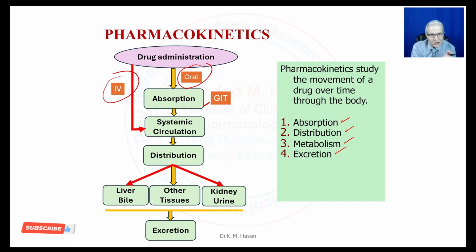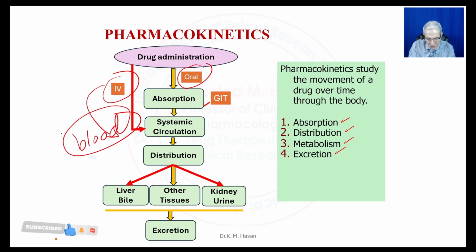The total medication will arrive to the systemic circulation, to the blood. The complete medication will arrive to the blood here. So you can see here that we don't have absorption. So when you prescribe medication IV, we exclude absorption because the medication arrives directly to the blood. 100% of the medication arrives to the blood.